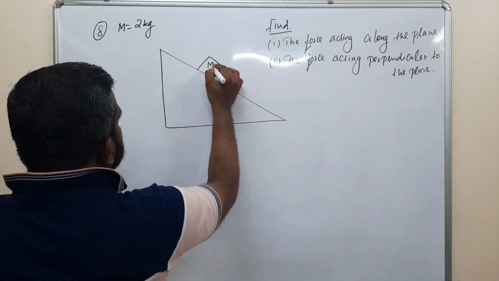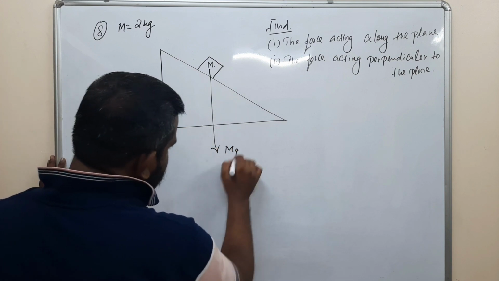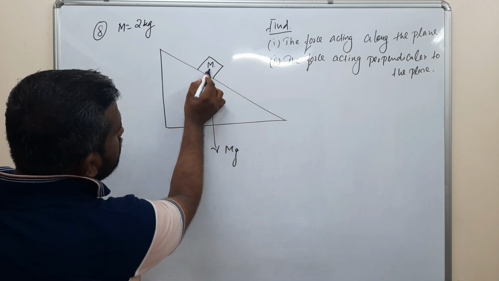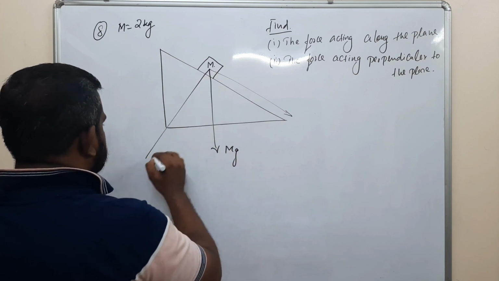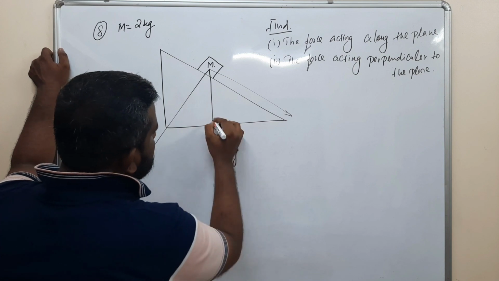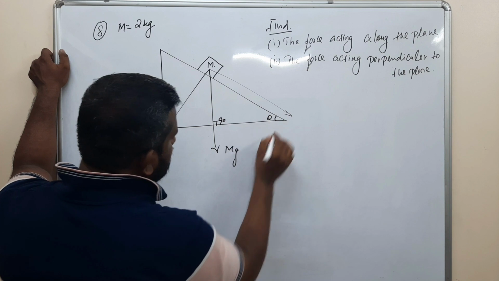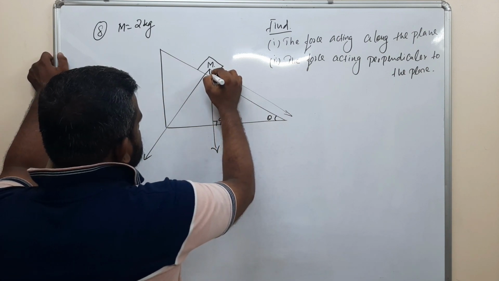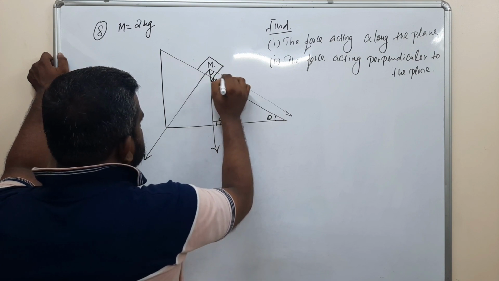So the gravitational force mg is acting in this direction. The force can be resolved, one along this direction and another along this direction. This angle is 90 degrees, this angle is theta, and this angle is 90 minus theta.